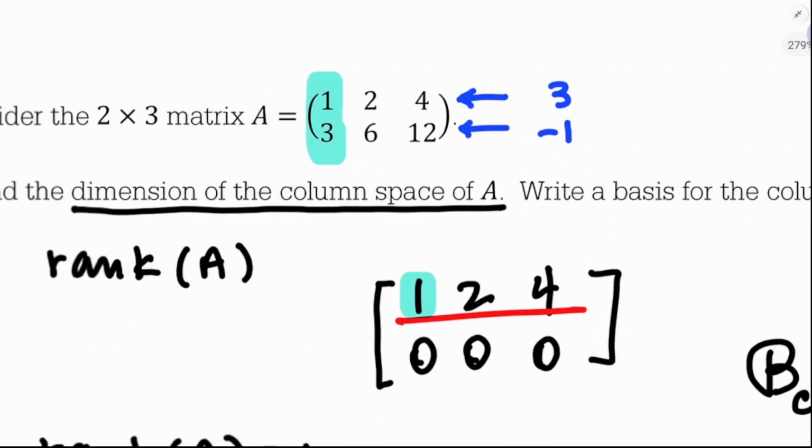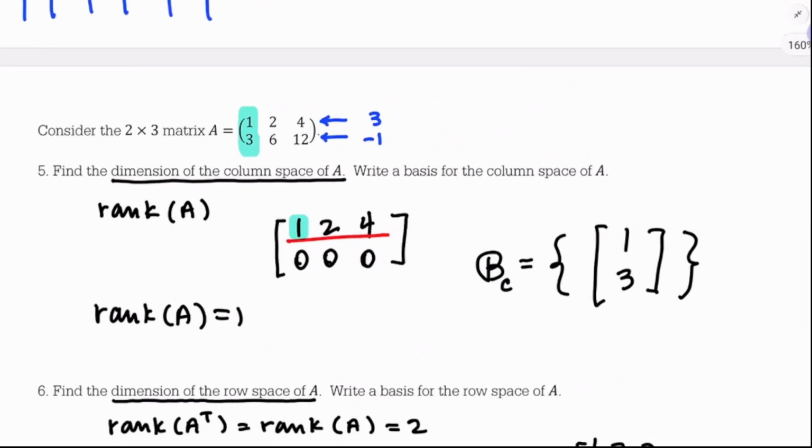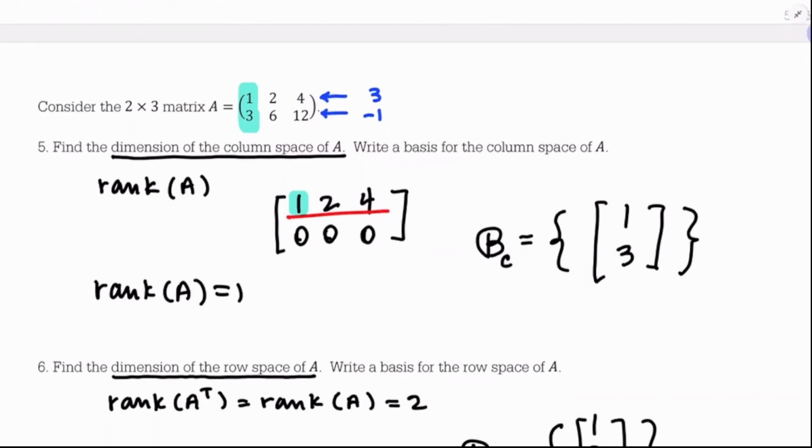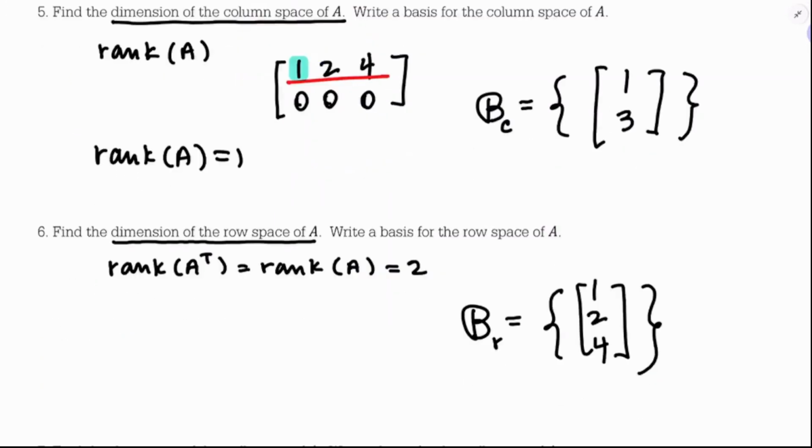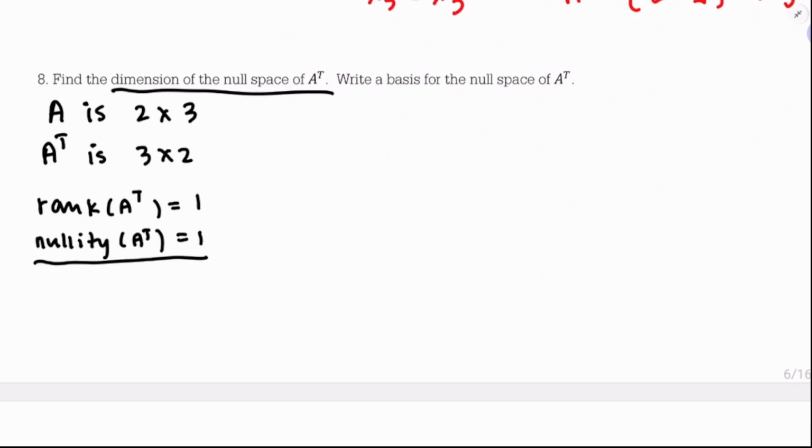And so that means that 3 and -1 will form a basis for the null space of the transpose, the left null space. Now I'm going to show you a more algebraic way, but we will be able to get that the same.